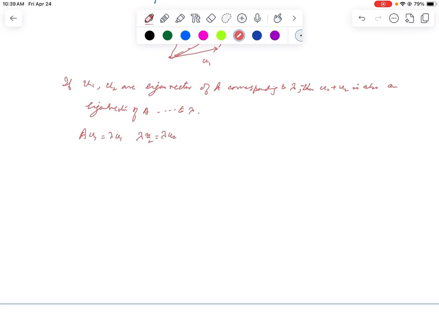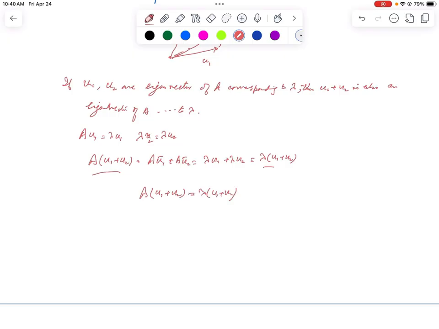What about u1 plus u2? A times (u1 plus u2) will be, by properties of matrices, A u1 plus A u2. But A u1 is lambda u1 and the other is lambda u2. So this is equal to lambda times (u1 plus u2). So note here in this last one, we get A times (u1 plus u2) is equal to lambda times (u1 plus u2).